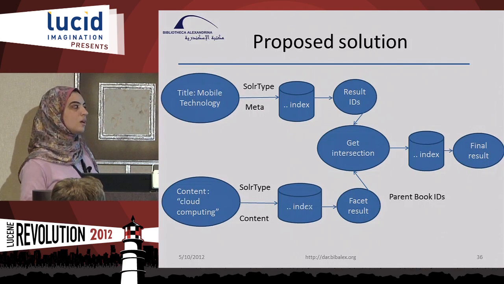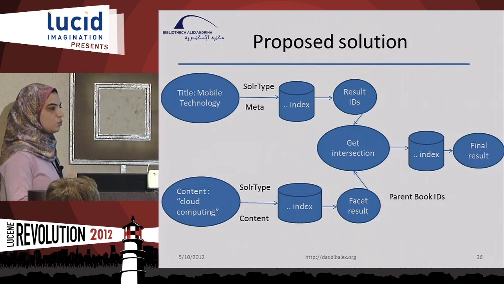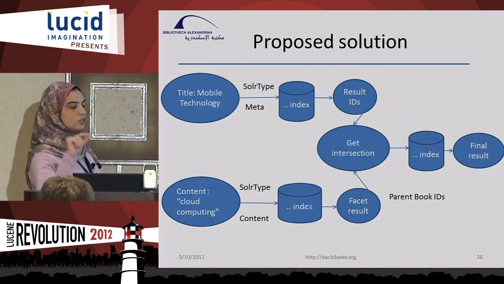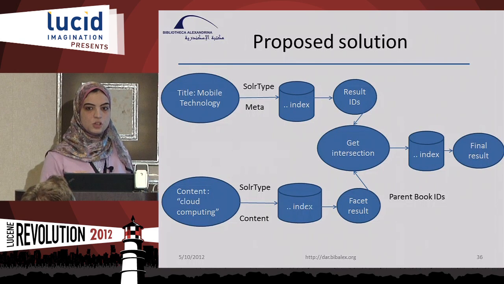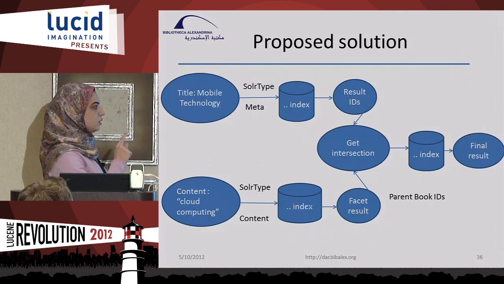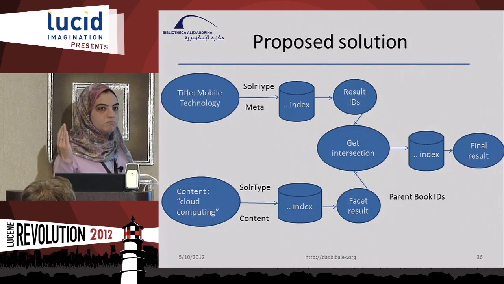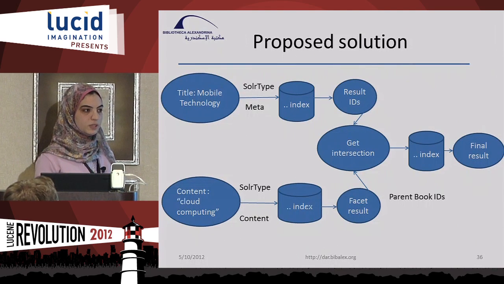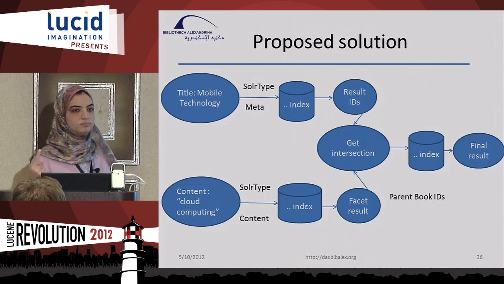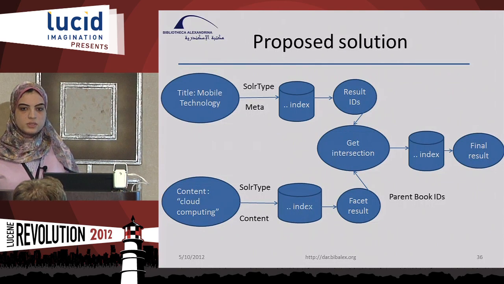Why? Because as I mentioned before, each document for the content represents a page in the book. So if cloud computing matches, for example, 5 pages under the same book, then I'll have duplicates, and I'd like to improve the processing time for these results.